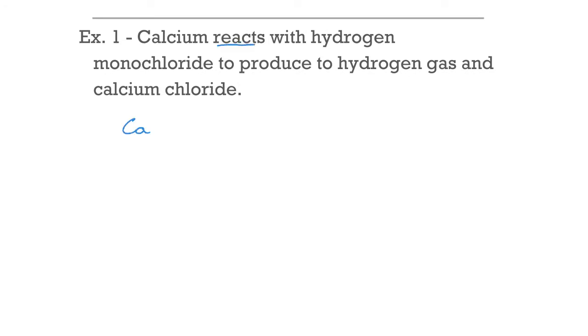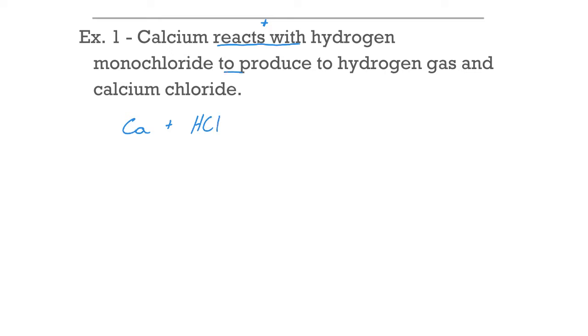When you see things like "reacts with," that's just saying that we're adding these two together. So calcium plus hydrogen monochloride. We learned from molecular compounds that hydrogen monochloride, there is one hydrogen, and monochloride, we can write it as HCl.